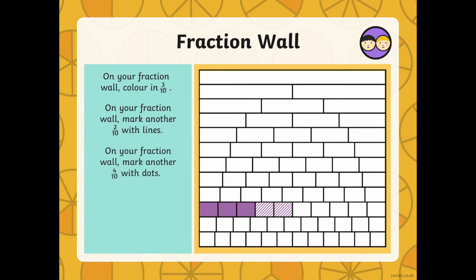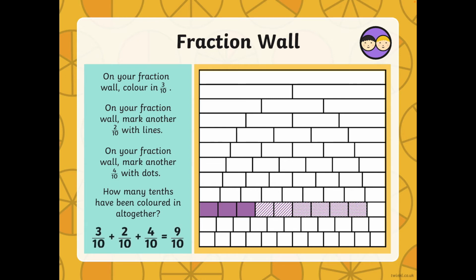And then can you mark another 4/10? This time you can just do it with dots so you can nice and easily see. There we go. Now how many tenths have been coloured in altogether? So that is 3/10, add 2/10, add 4/10, and you can see that that makes 9/10.